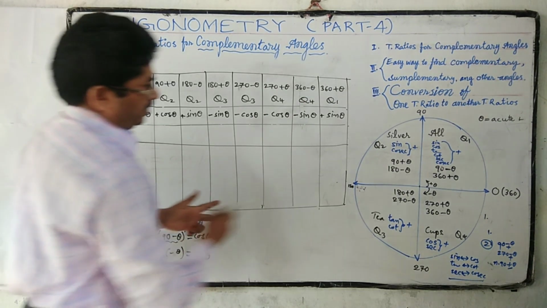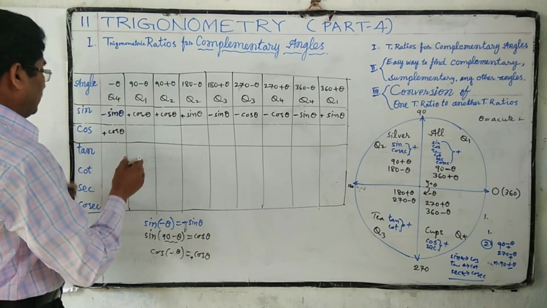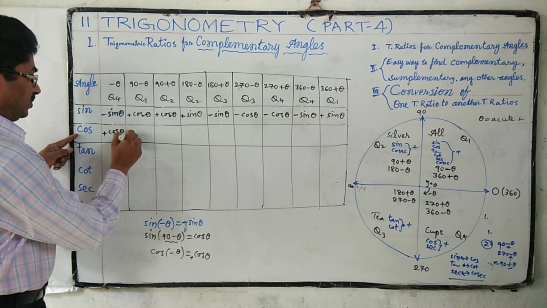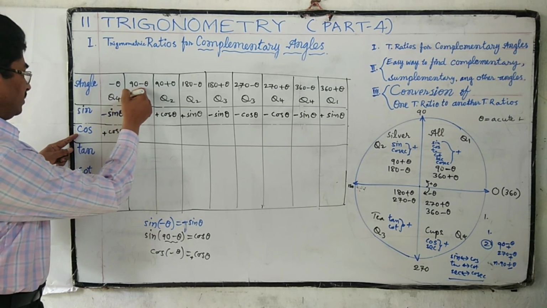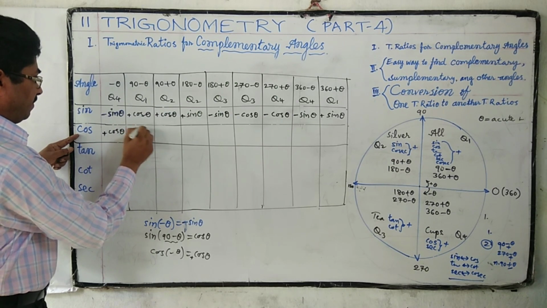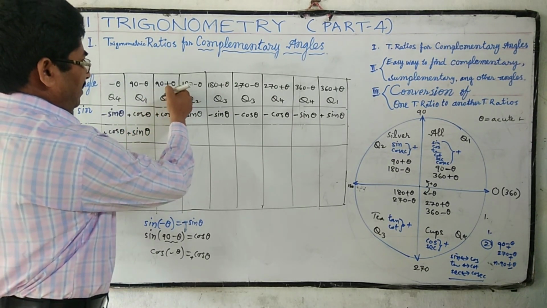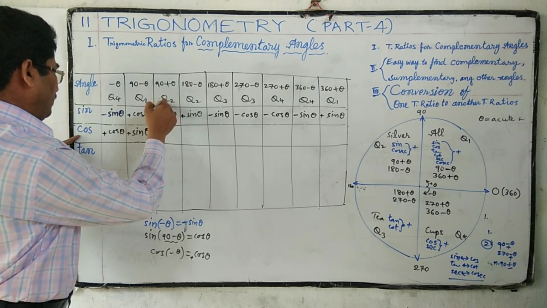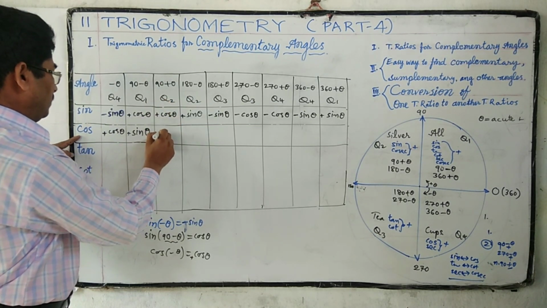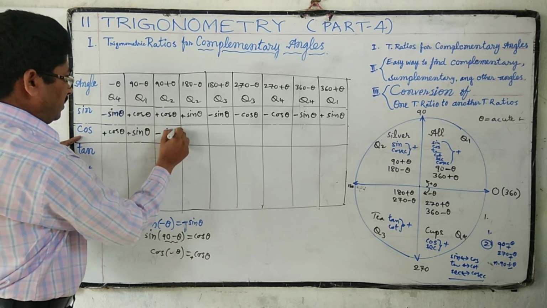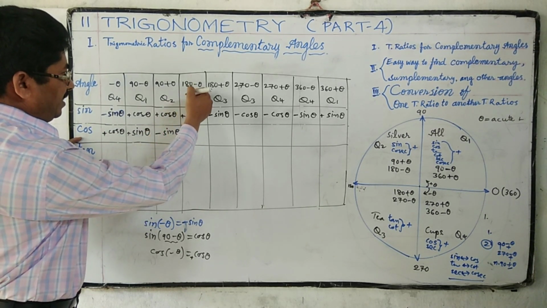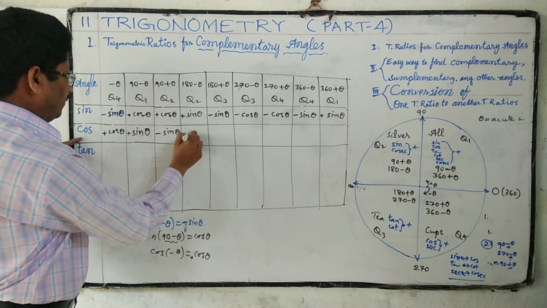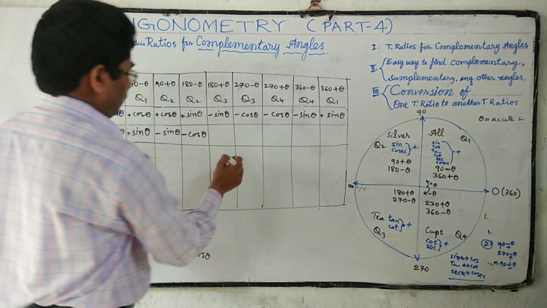Cos 90 minus theta, first quadrant, all positive only, plus, but we have to change the function: sin theta. 90 plus theta, second quadrant all silver. So sine and cosec only positive. So this is a minus, and also change the function: minus sin theta. 180 minus theta, all silver. This also minus. We no need to change the function. That's why minus cos theta only.